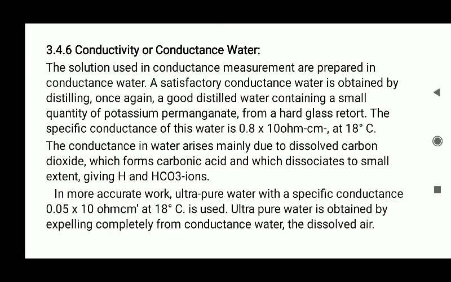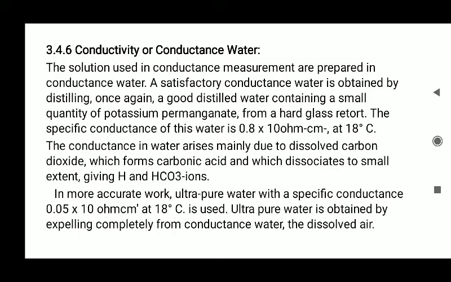Conductivity or conductance water. The solutions used in conductance measurement are prepared in conductance water. A satisfactory conductance water is obtained by distilling once again a good distilled water containing a small quantity of potassium permanganate from a hard glass retort.